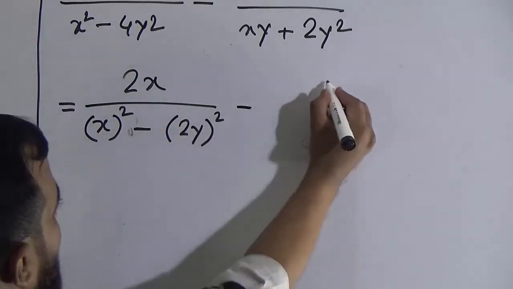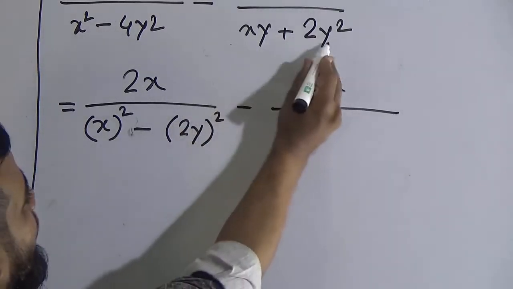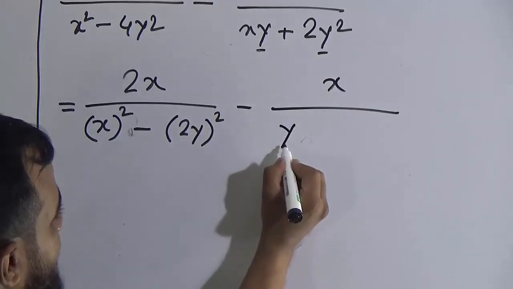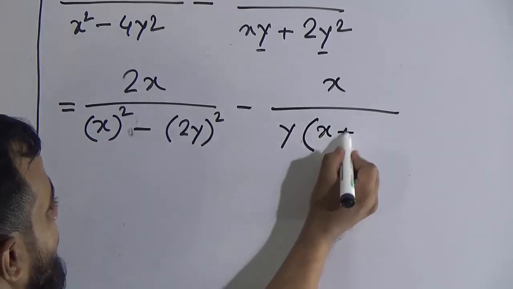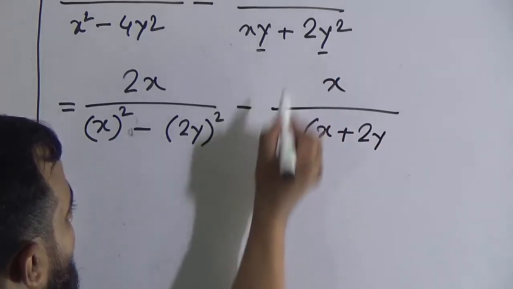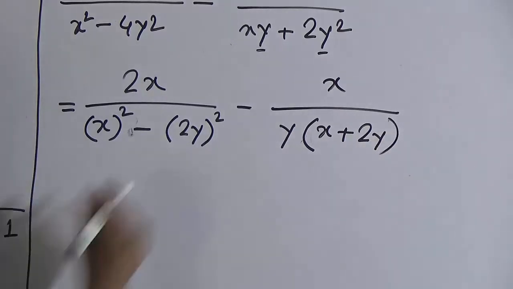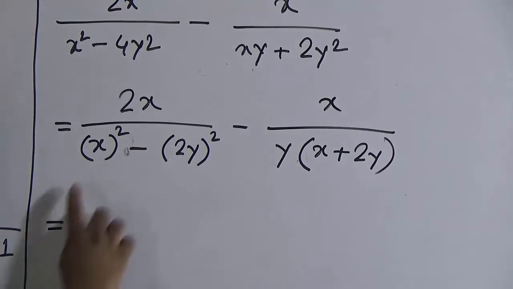Okay, minus x over, we can take from the right hand side's denominator y as common, because there is y in both of the terms. So if you take y as common, from the first term we will have x, from the second term we have plus 2y. Now dear students, it's a very simple formula of a square minus b square.